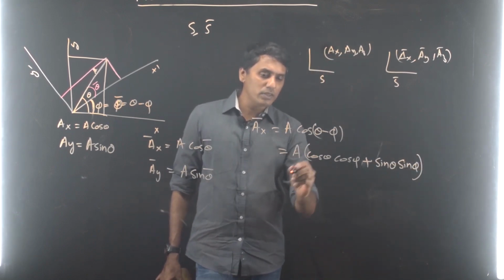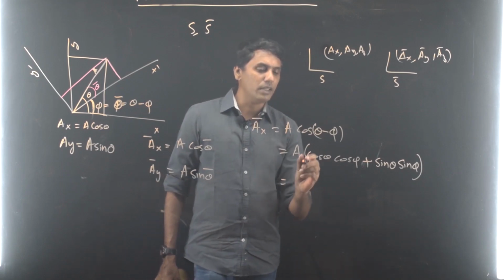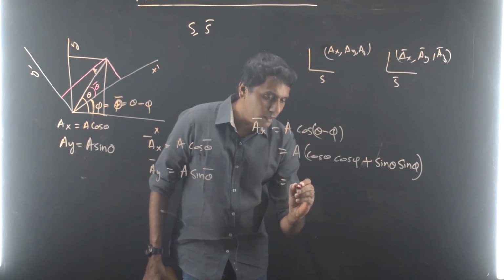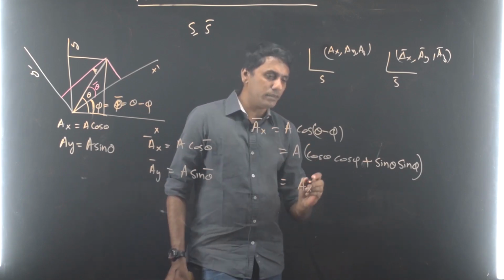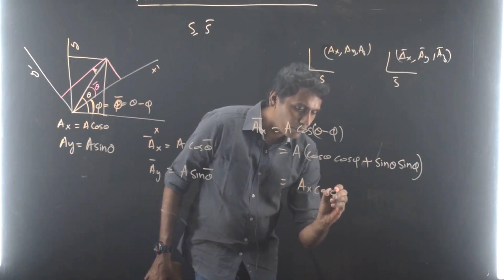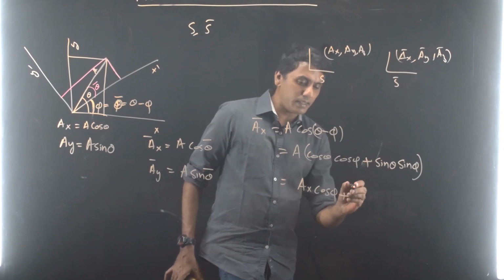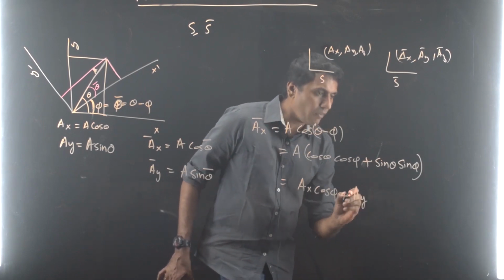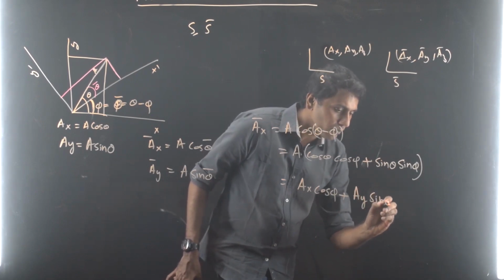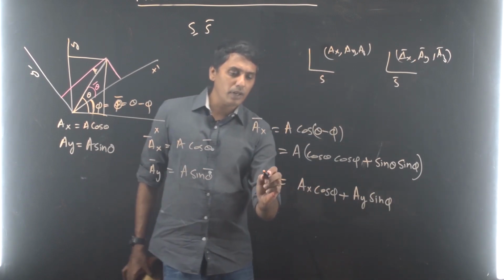And you know that A cos theta is your Ax, right? So you will get Ax cos phi plus, and you know that A sin theta is Ay, so Ay sin phi. Okay, so this is your Ax bar.